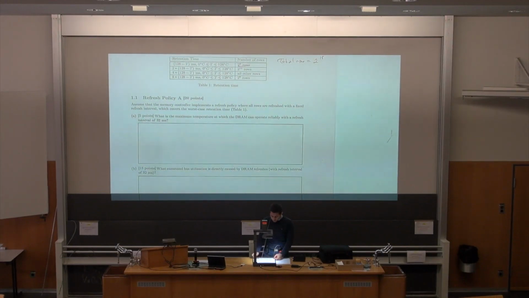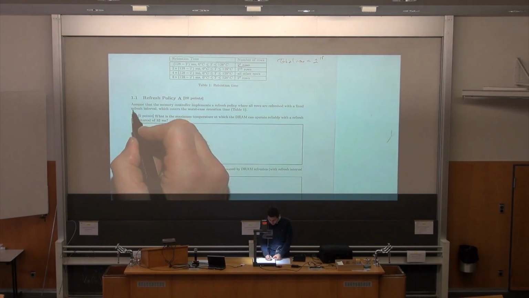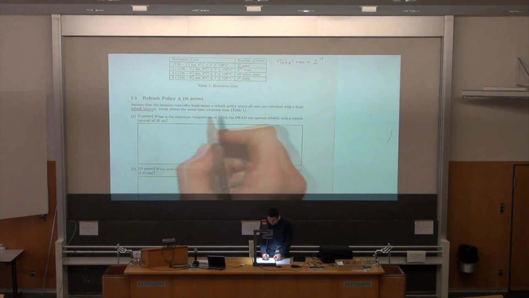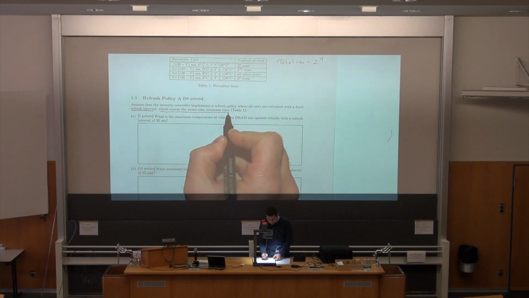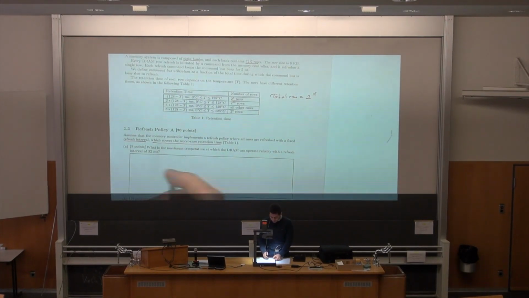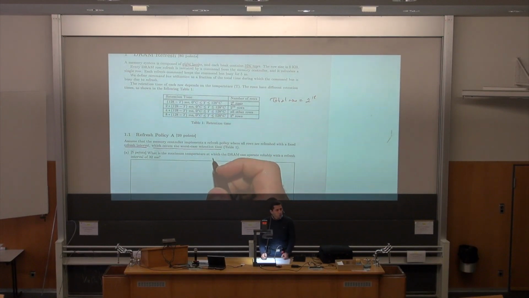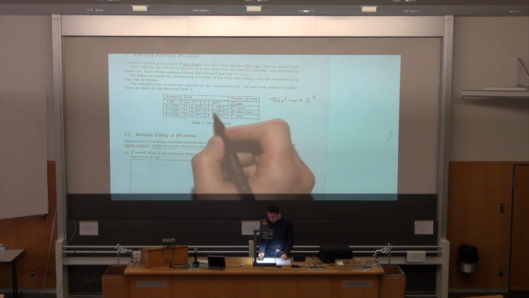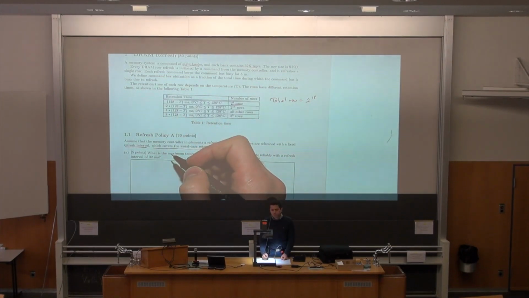We are given a refresh policy called refresh policy A, in which we have a refresh interval which refreshes all the rows in a DRAM, covering the worst case retention time. What does it mean? Given a temperature, it refreshes all the rows according to the row with the lowest retention time.